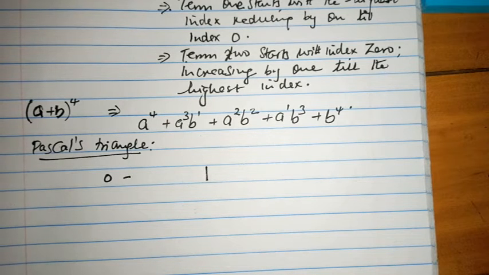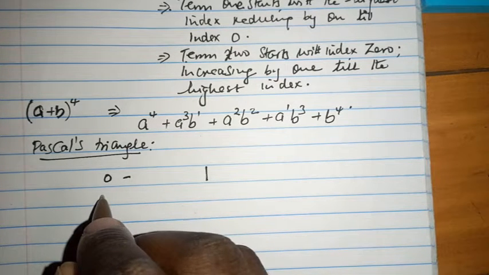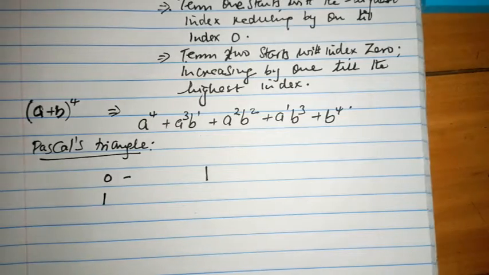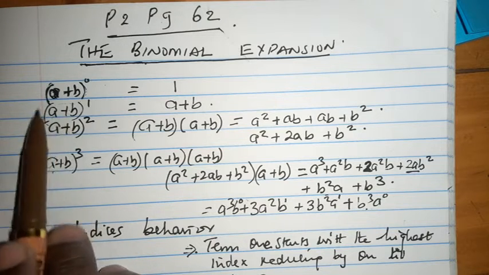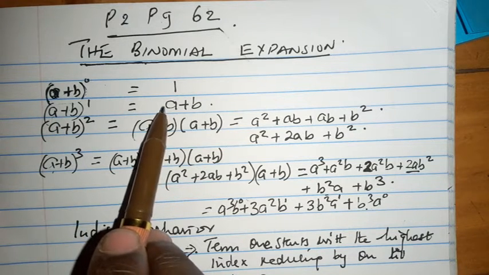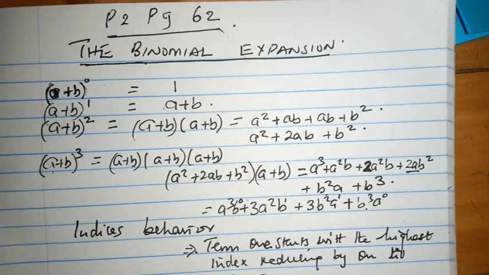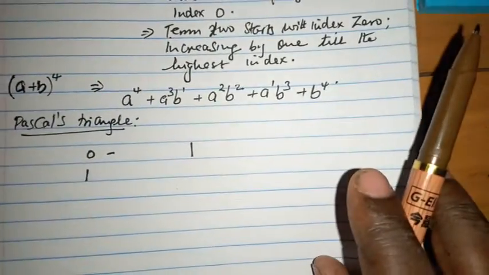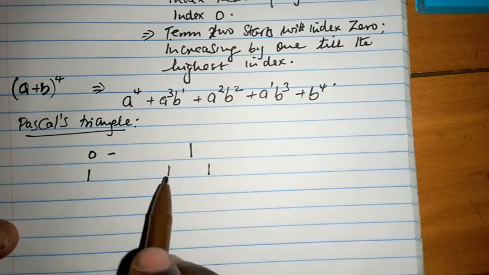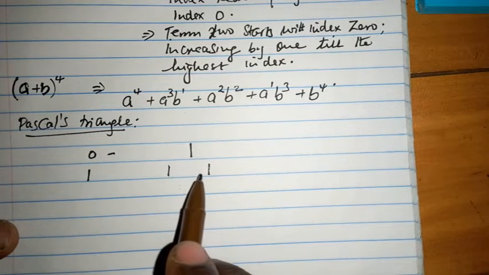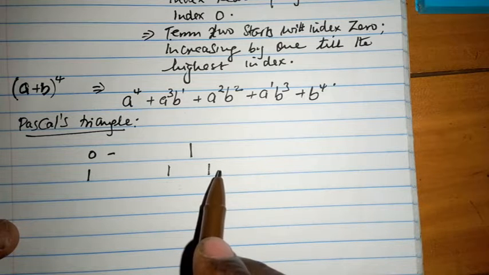The moment you raise to power 1, you can see the coefficients. We are talking about the same term, and the coefficients are 1, 1. When anything is raised to power 1, it becomes itself: the coefficient of term 1 and the coefficient of term 2 are 1, 1.